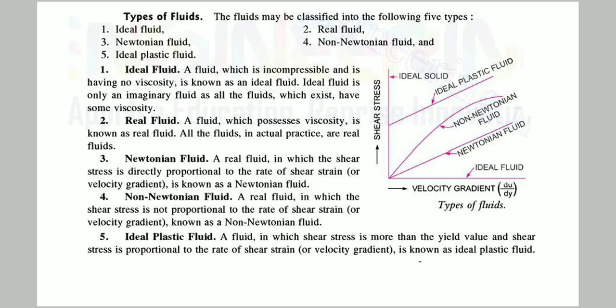An ideal fluid. What is an ideal fluid? An ideal fluid is a fluid which is incompressible and has no viscosity. That means while flowing there will be no shear stress produced between adjacent layers. Such a fluid is called an ideal fluid, and it generally doesn't exist, since practically every fluid exerts some shear stress on the adjacent layer, that is, it has some little viscosity. So a real fluid possesses viscosity.